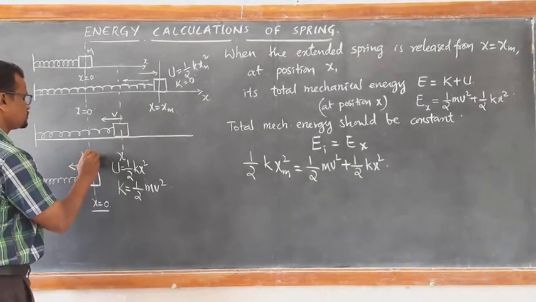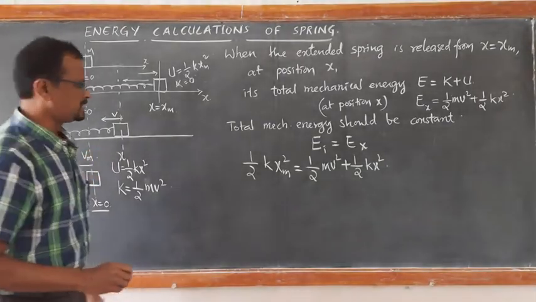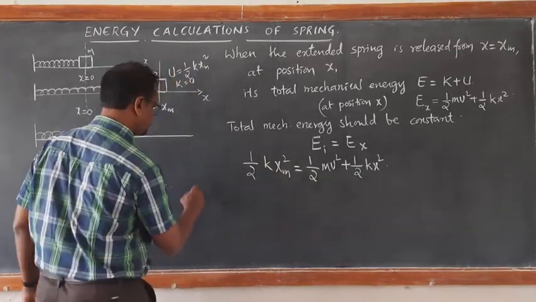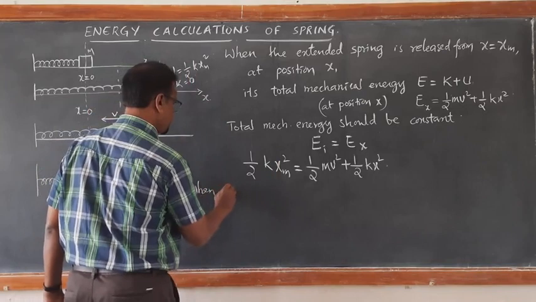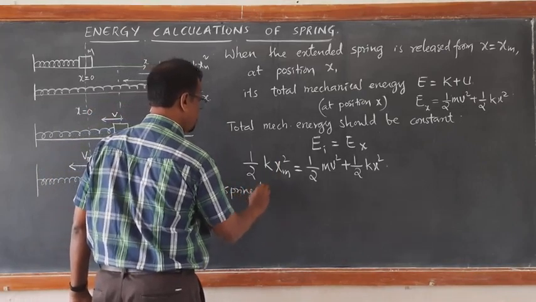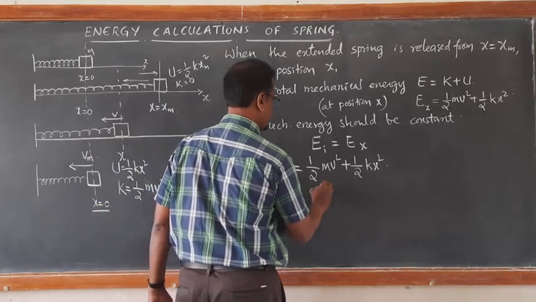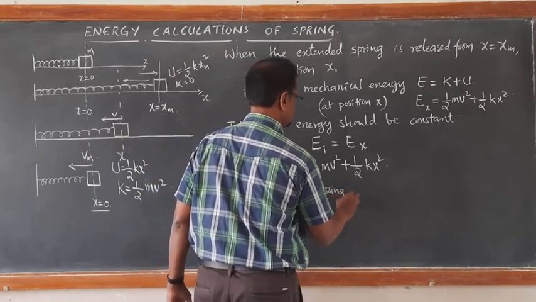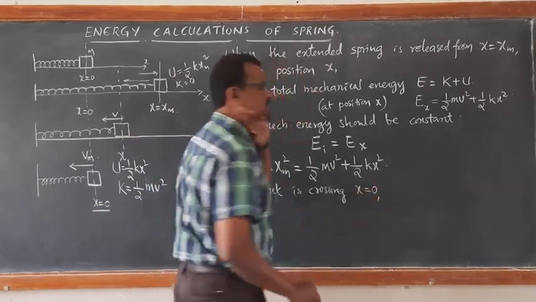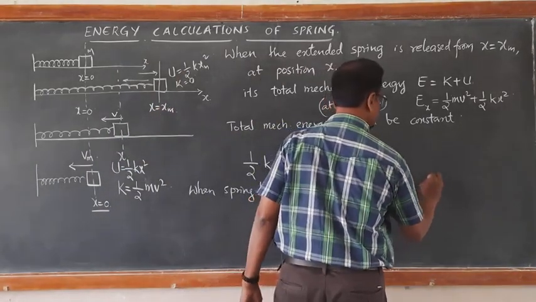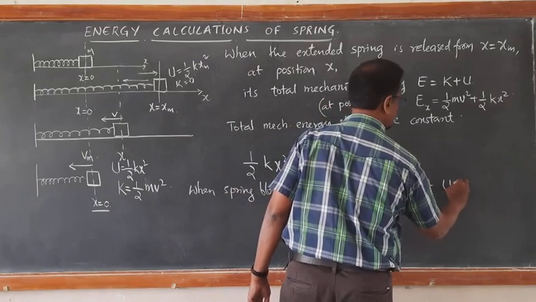Thus, when the spring block is crossing x equal to 0, its potential energy becomes 0.